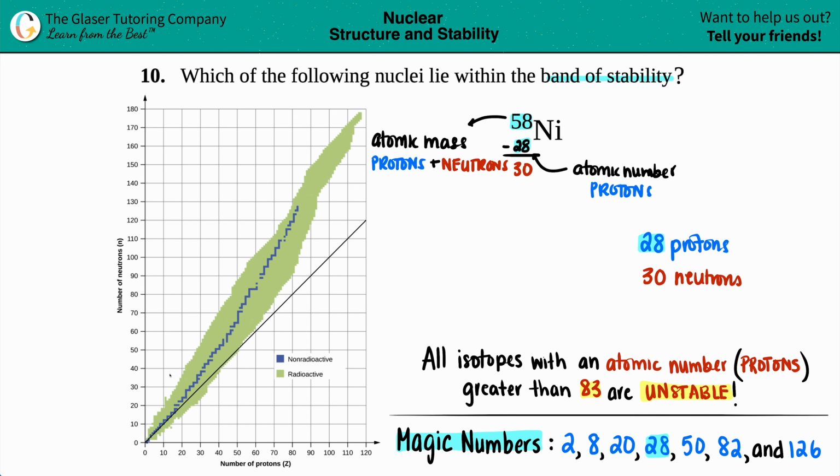Now, if we look at it in a different way, 30 neutrons is this line right here. And the one that they're giving us is this right here. This is part of the band of stability, right? Now, it looks like there are two isotopes here. There's one line down here, and then there's one line down here.